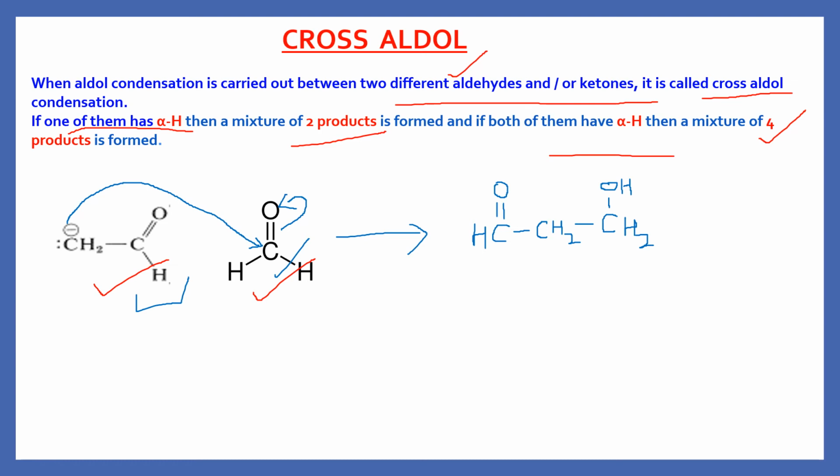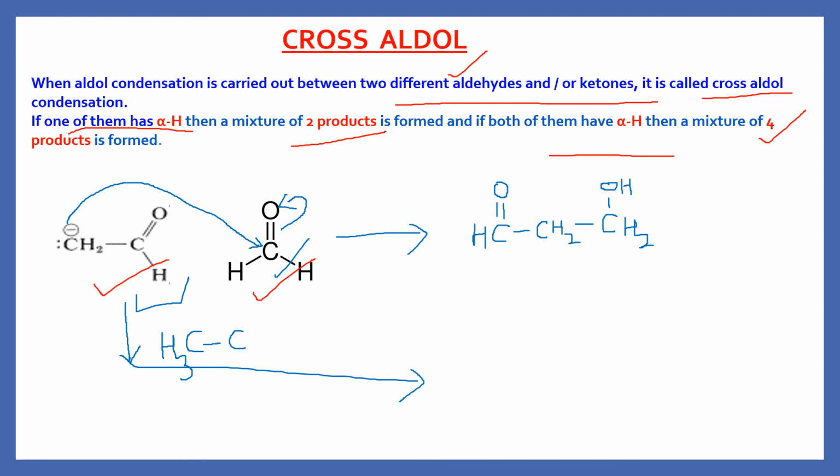This is the result of cross aldol, and then you can heat it and remove water to complete the condensation. I can show the attack of CH2 negative CHO on another molecule of CH3 CHO, because in the same container you have other molecules of ethanol also.